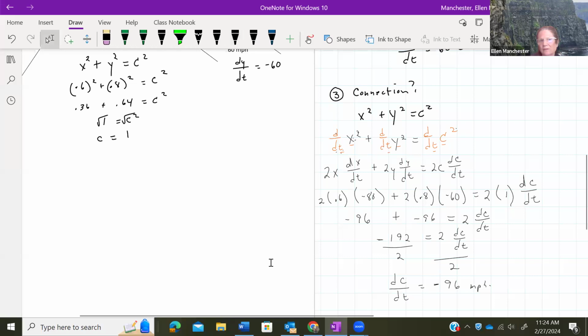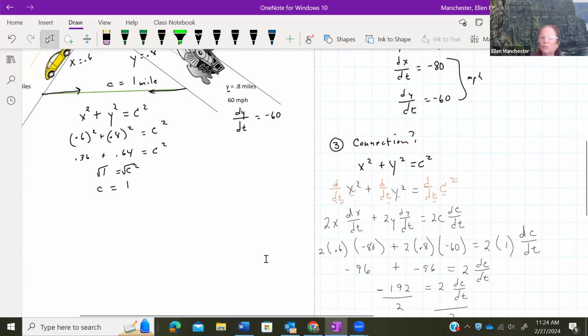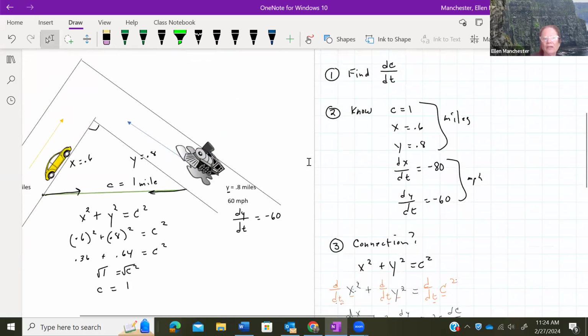96 miles an hour. Now, some of your guesses were 20, some were 40, but when it's physics, what's happening is because these two vehicles are coming together, this c, this part right here, is moving at 96 miles per hour. It's closing down at 96 miles an hour.